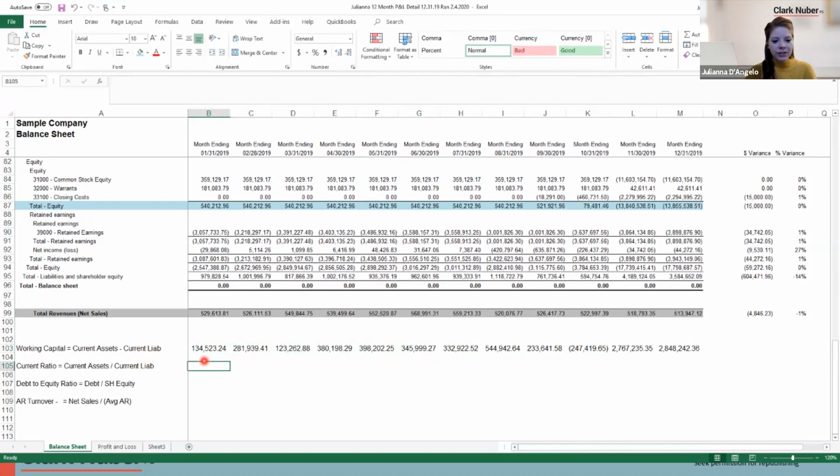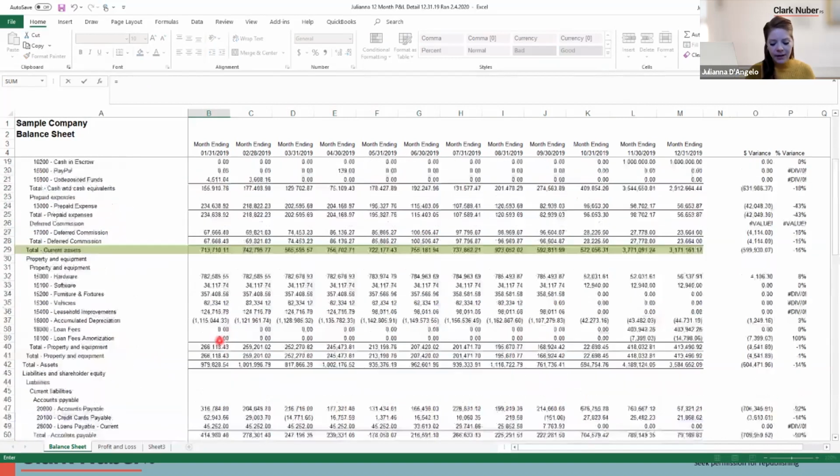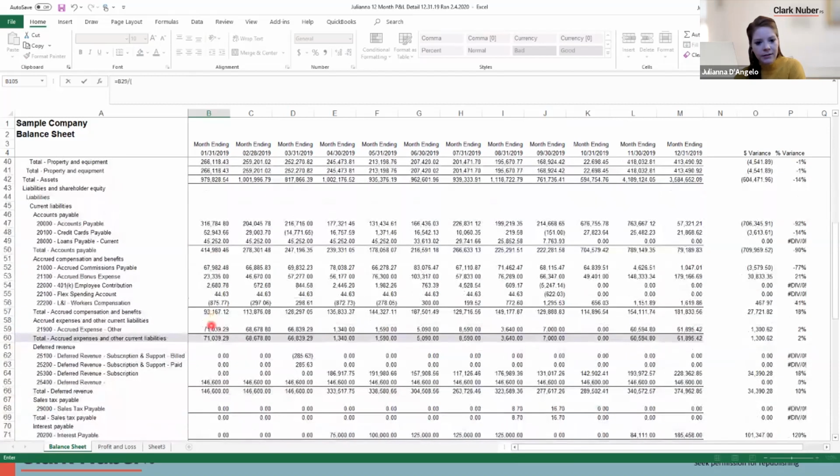Okay, so current ratio equals the current assets, again, divided by, and I'm going to have to parenthesize this because I'm adding multiple, this plus this plus this to get us our total current liabilities.